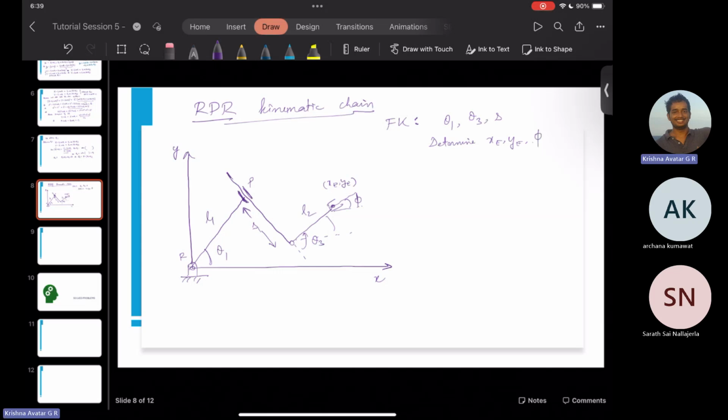So for this, we start with the end effector xe. Before that, let's look at what all things we require here, right?